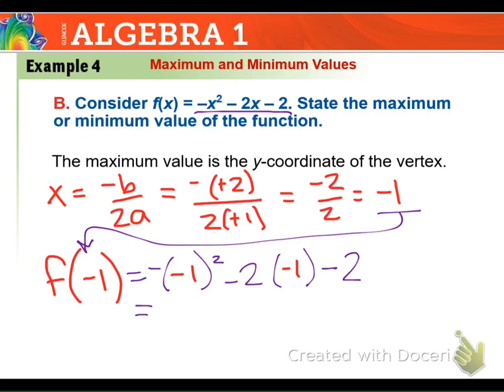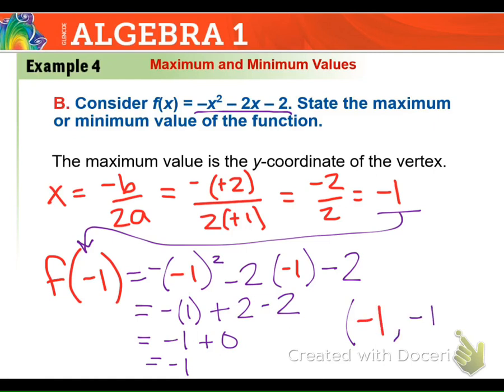Now we're just going to work that out. In this case, -1 squared is 1. -2 times -1 is +2. And then at the end I have that -2. So I'll get -1 plus 0, so I get -1. So my x is the -1 I found from my formula, and then the y value I just found, and so that is my vertex. So the max value is -1, and it happens at x equals -1.